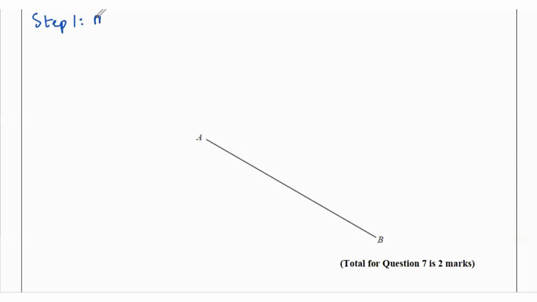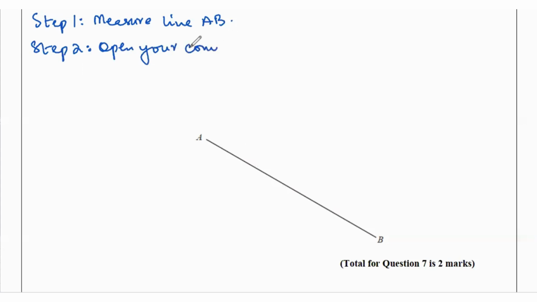Step 1, measure line AB. Then step 2 is you open your compass to more than half the length of AB. Not half, more than half.